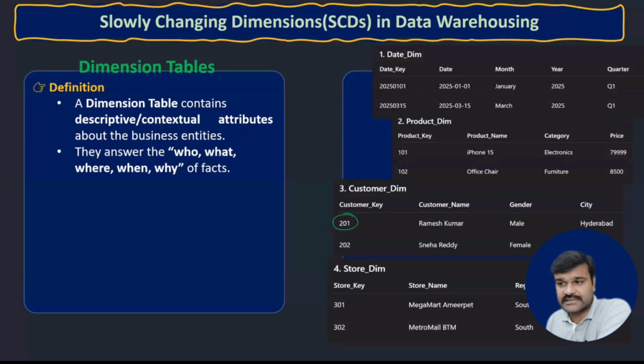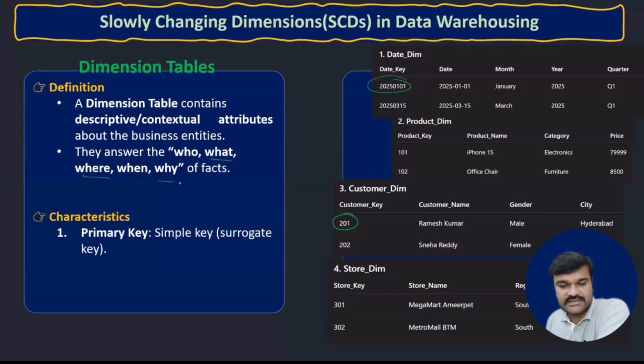You can answer it. What is the so-and-so product? You can answer it. When this particular transaction happened, you can answer it from this data. And where the products are bought, why they buy that, all these answers you get only by using these dimension tables.